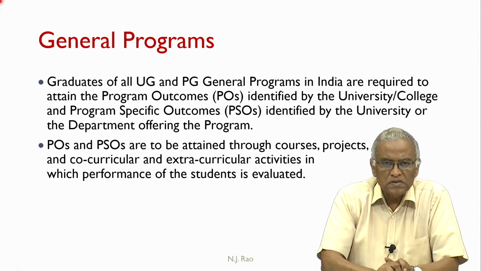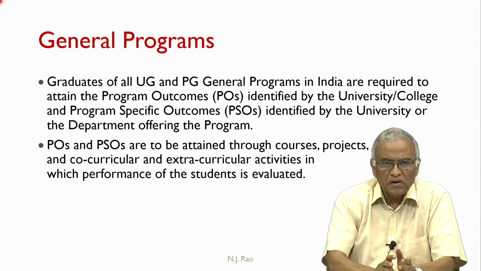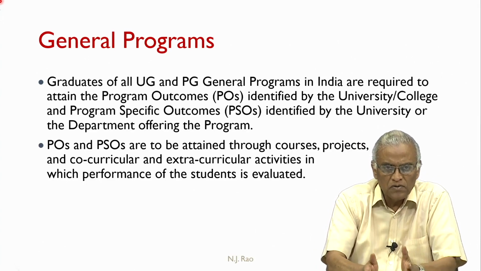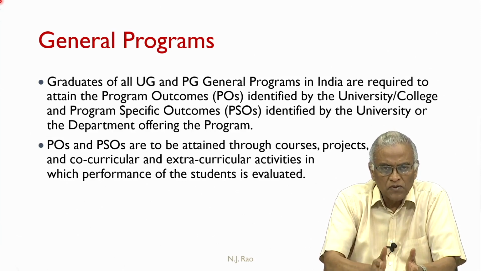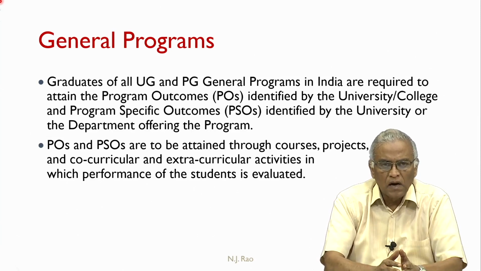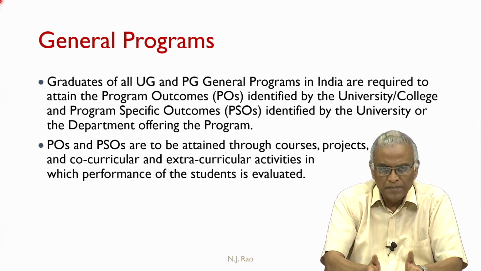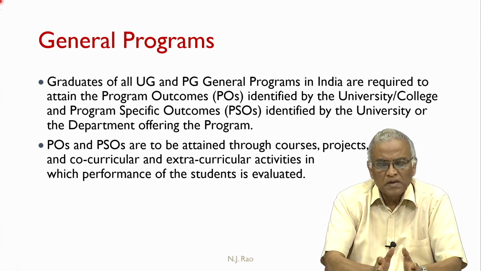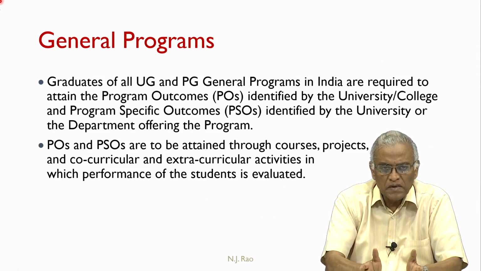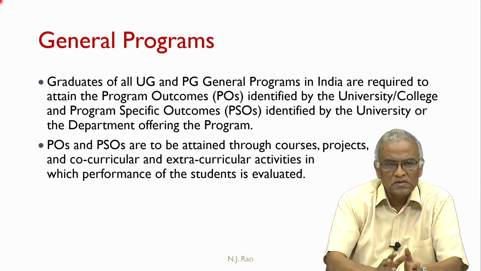Now, any course that we are talking about, of course outcomes of a course, that means we are talking of courses. Courses are elements of a program. So, any course that you look at, one should remember that a course cannot be considered or seen in isolation from the other courses of the program.